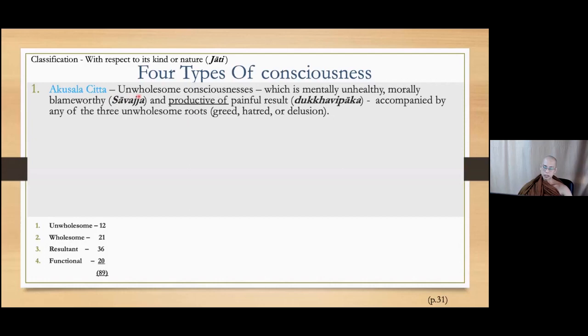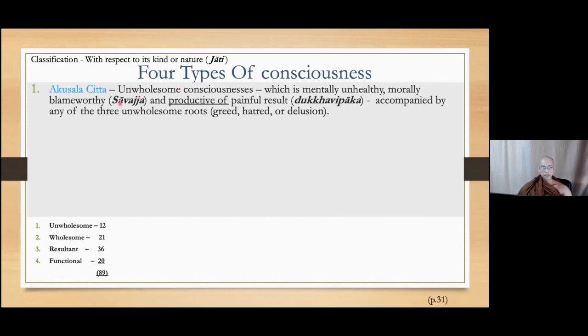So akusala chitta is unwholesome consciousness. This is the translation. In order to understand what is unwholesome, what is akusala, the definition is mentally unhealthy and also morally blameworthy. This is called savajja in Pali.